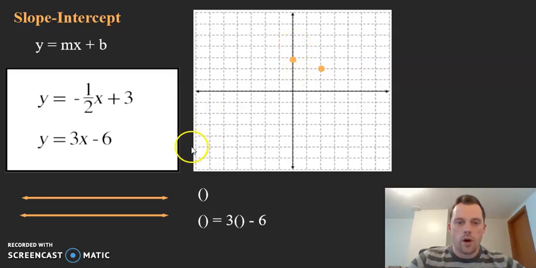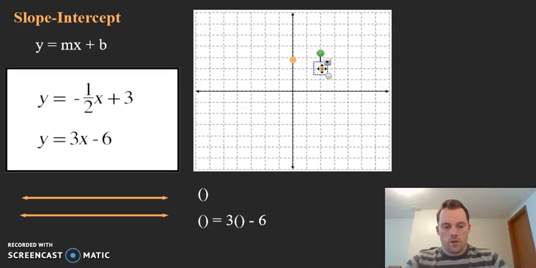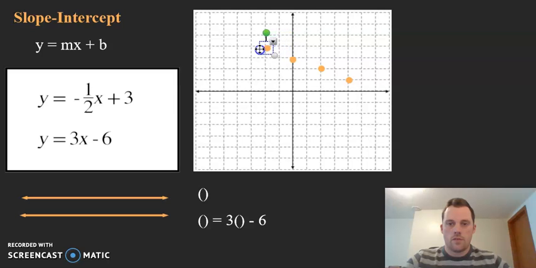If we go up 1, that's a positive direction, and our slope is negative, so we have to go to the left 2 because that's a negative direction. So we can go down 1 and to the right 2 over and over again, or we can go up 1 and left 2.